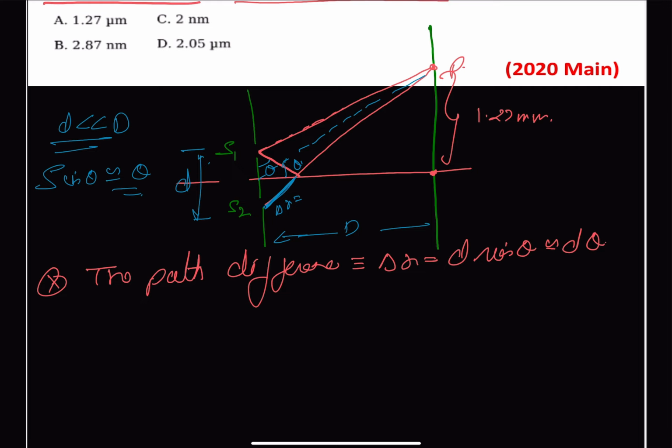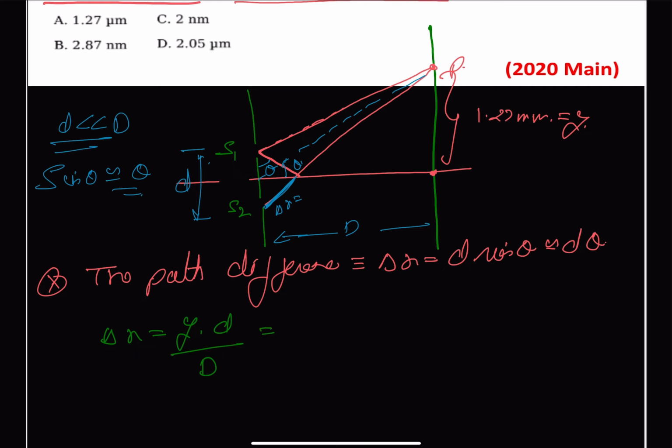And this is our y, which is given to us, so we can also write the path difference delta of x will be equal to y multiplied by small d divided by capital D.